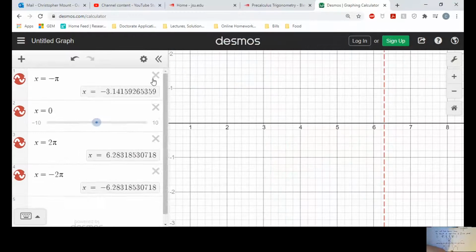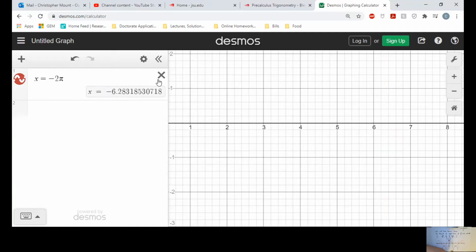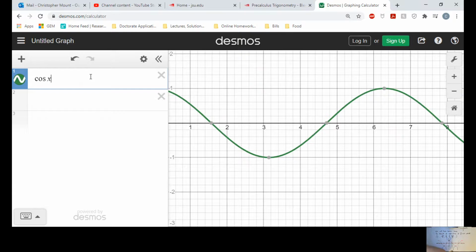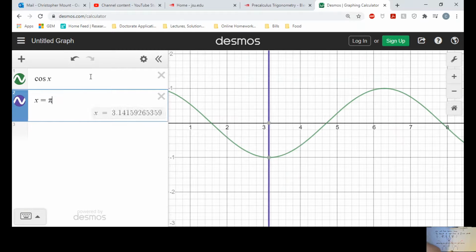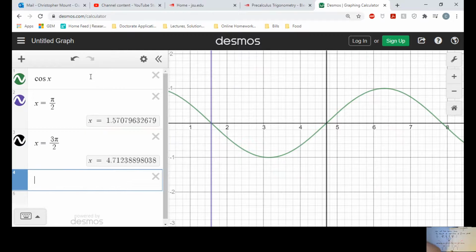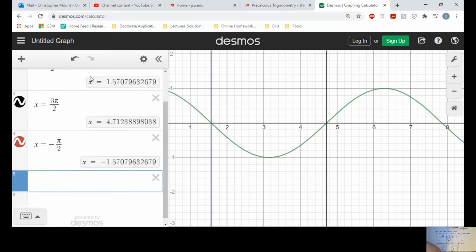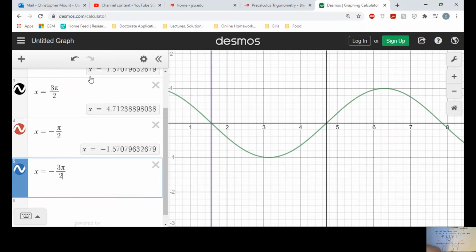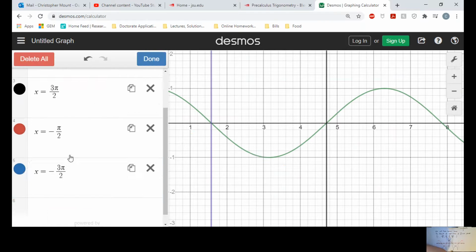So let me erase all of this. Let me go ahead and plot down my cosine x graph. Go ahead and write a few of these asymptotes. So give me 1 second. x equals pi over 2, x equals negative pi over 2. Okay.